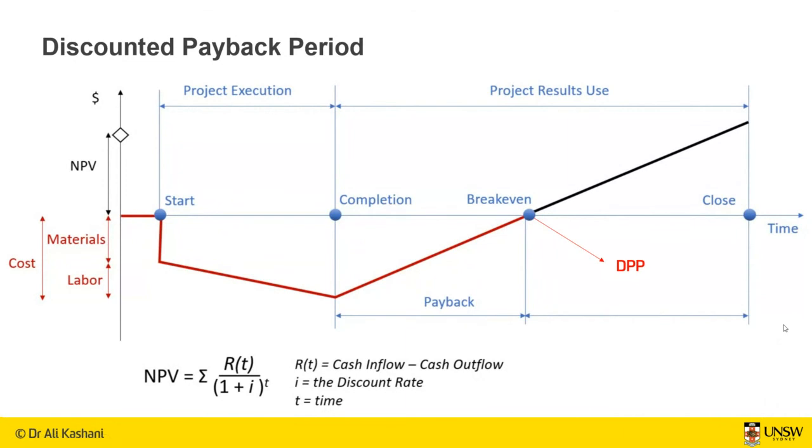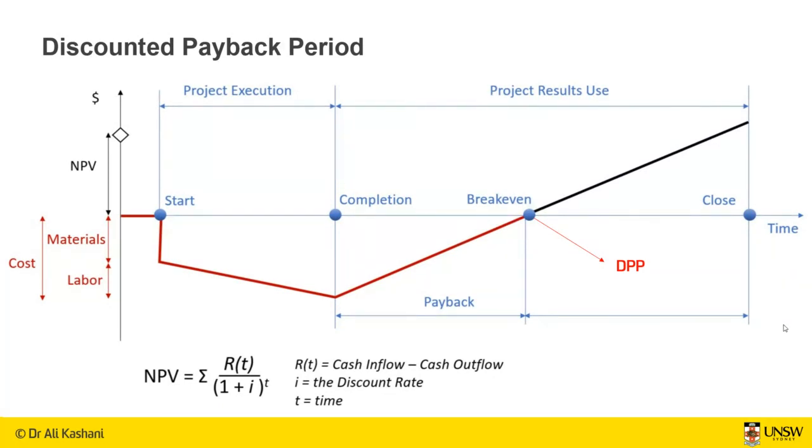So why do you want to do this as an investment? Because let's say as a company, you invest in something and you want to get your money back in order to invest in something else. If your discounted payback period takes too long, let's say it takes 20 years to become positive and get back all the investment money that you put in in the first place, you have some limitation in investing in other projects.